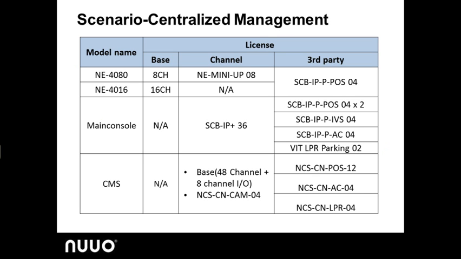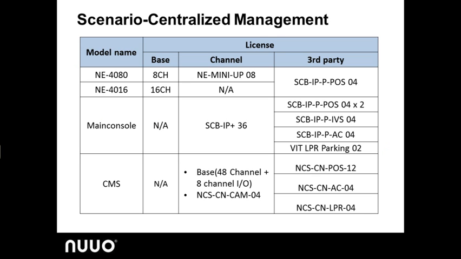Let's see. For NVR Mini 2, it should be as in the previous retail case, but for the main console, it should activate 36 channels and third-party licenses, including POS, IVS, access control, and LPR. Except for LPR license, the other third-party licenses support 1 or 4 channels only.